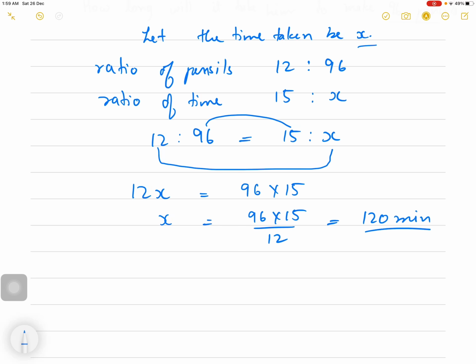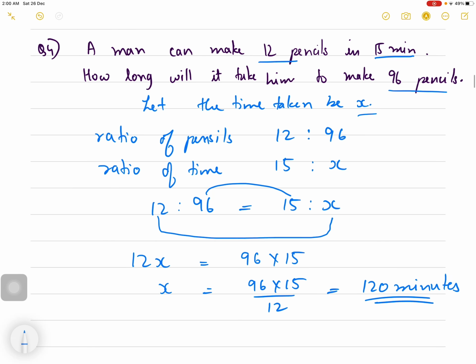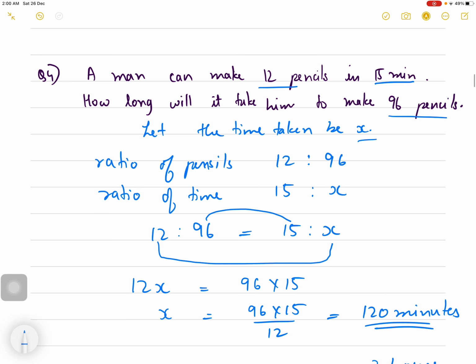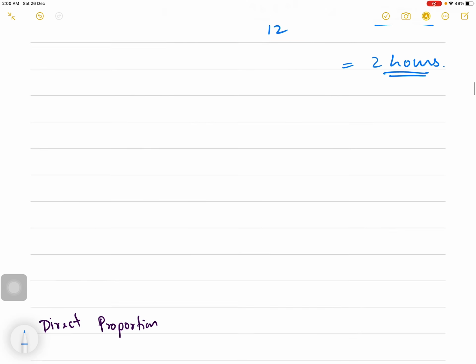So 120 minutes. So the time taken to make 96 pencils is 120 minutes, and 120 minutes is 2 hours, right? So how long will it take him to make 96 pencils? The answer is 2 hours.